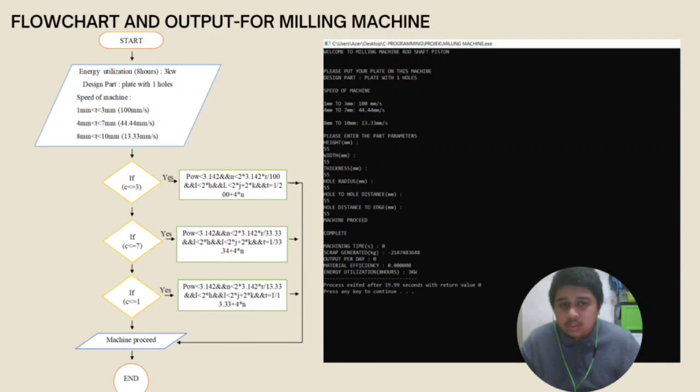the input. As we can see for the input, we put energy utilization, which is 3 kilowatt, the design part which is a plate with 1 hole, and speed of machines.